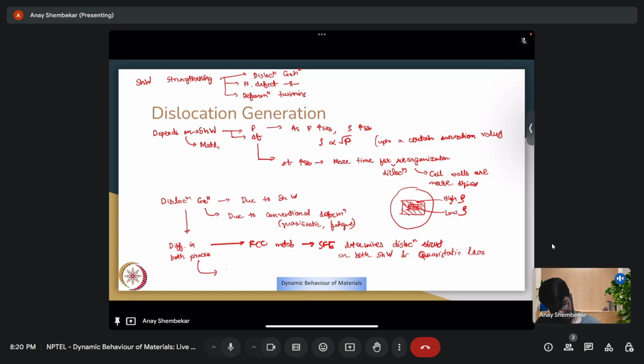Whereas for BCC metals, dislocation structure is more uniform in shock wave.